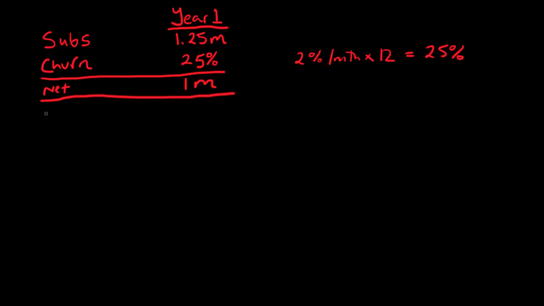So the next thing we're going to want, just so this becomes easy to work out, is the number of DVDs rented per year by these million subscribers. Our assumption here was the average user rented 2 DVDs per month.